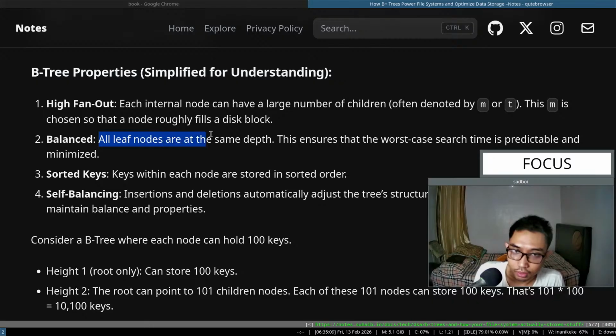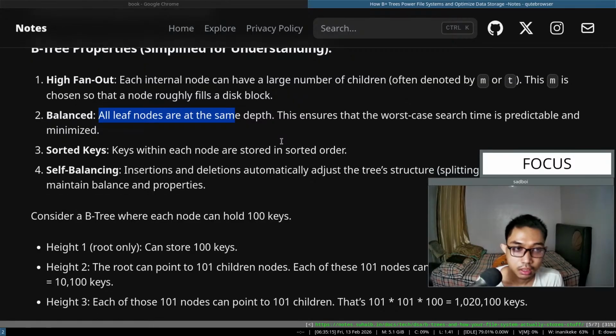Balanced: leaf nodes are at the same depth. This ensures that the worst-case search time is predictable and minimized. Sorted keys: keys within each node are stored in sorted order.